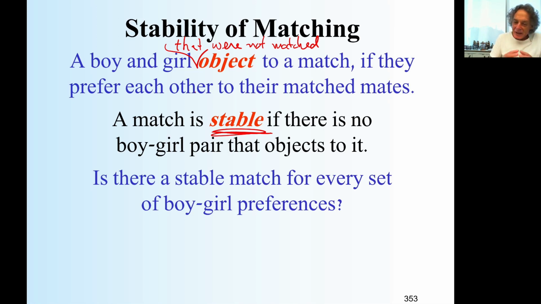Both of them then made a lot of contributions about it. They found that there is always a stable matching, and typically it's not unique. Sometimes it's unique, but sometimes you may have 5 different stable matchings. We are going to talk about 2 very, very important ones. We'll talk about it later.